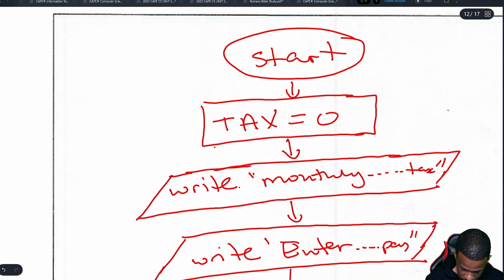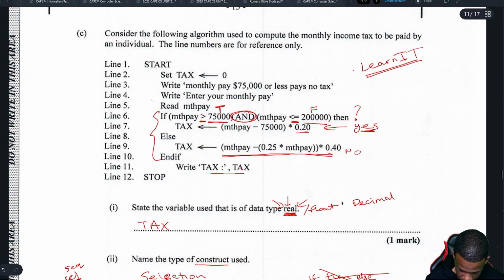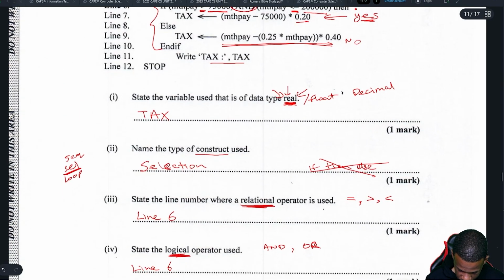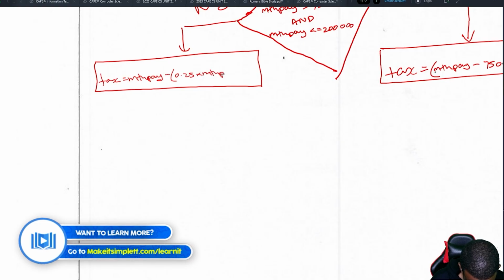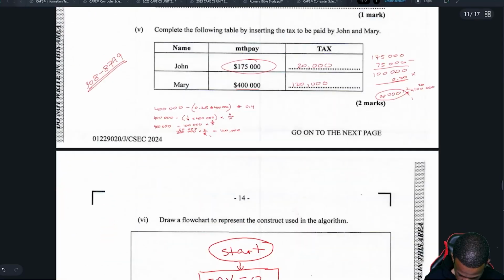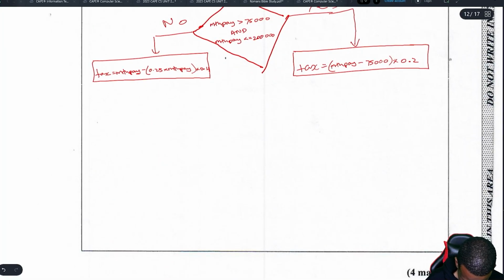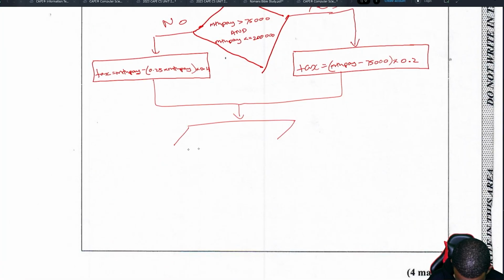And then for the next one, monthly pay minus 0.25 of MTHPAY, multiplied by 0.2. This is a lot. And then the outputs all meet to print tax.